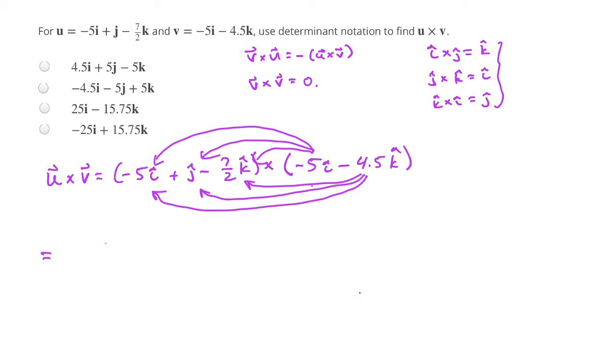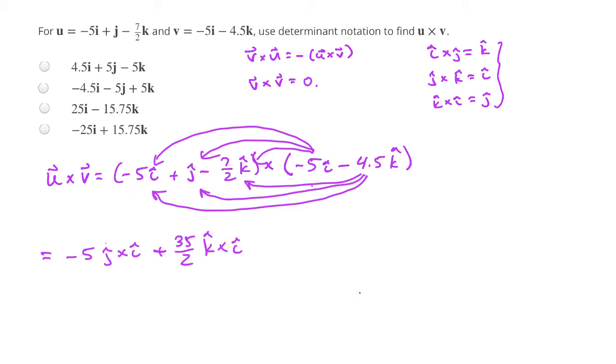So what we have then is our minus 5i, and we're crossing that with j, so we have a minus 5 with the j cross i, because j is on the left. Then we have a minus 7/2 times minus 5, so that will give us a plus 35/2 of k cross i.